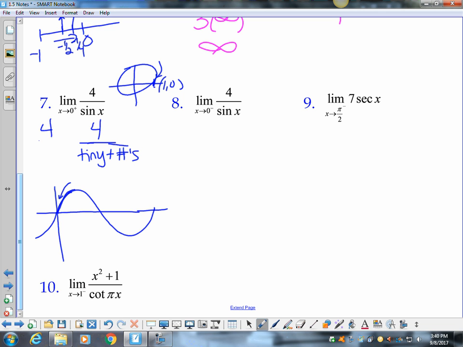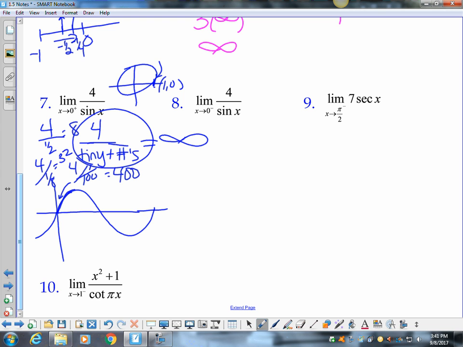So 4 over a half versus 4 over an eighth versus 4 over 100th. That's going to 8, that's going to 32, and 4 over 100 is going to 400. These numbers are going to get huge. So as a whole, that goes to infinity. Because I have really, really small numbers on the bottom, and I'm dividing them into 4, so they're going to go in more times. So that's going to infinity.